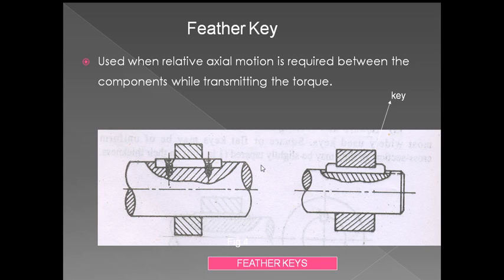So this key transmits torque as well as provides axial movement. This type of key is called a feather key. It transmits a turning movement and also permits axial movement. Feather keys are used in machine tools.